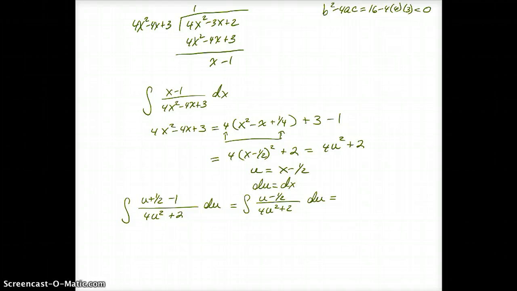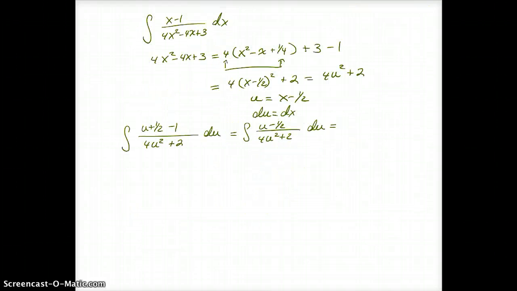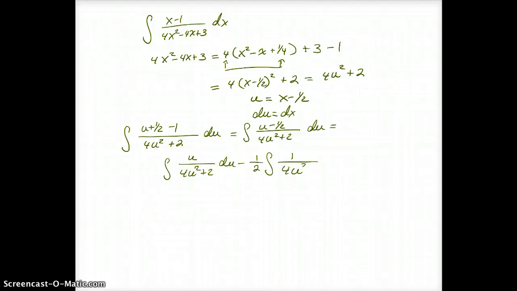And that one you can split up into the integral of u over (4u squared plus 2) du minus 1/2 the integral of 1 over (4u squared plus 2) du.